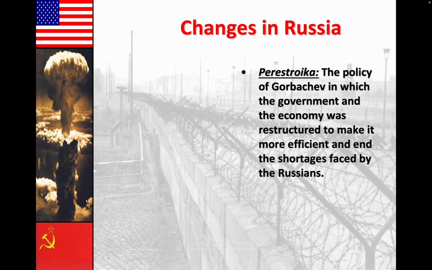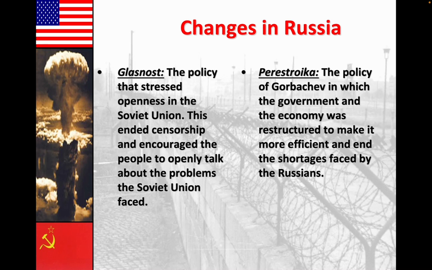This is the policy that Gorbachev pursued to restructure the economy, to include certain capitalist elements, but keeping communism in place, in an attempt to make it more efficient and to end the shortages. He also created what's called glasnost, the policy that stressed openness, ending the censorship in the authoritarian government.